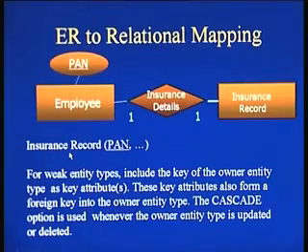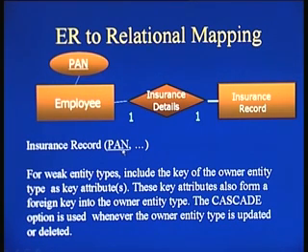Just create a relation of the same name as the entity type, but since it does not have a key, because weak entity types do not have key attributes, use the key attribute from employee with which it is associated, and make it into the key attribute of insurance record.